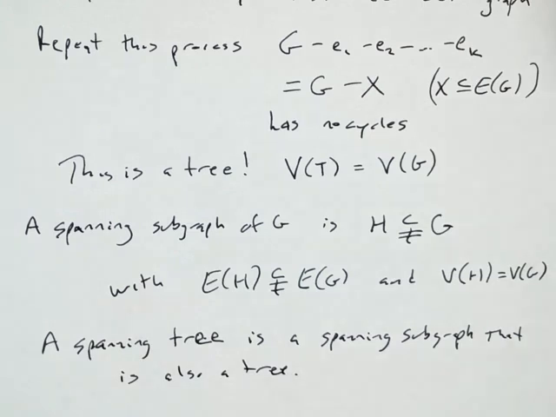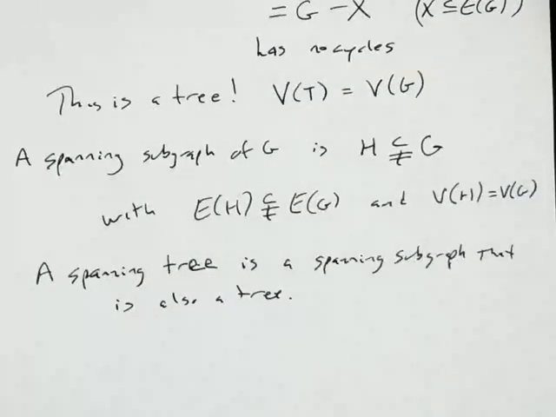Now there's another way to build a spanning tree. Instead of thinking of taking edges away, we can think of putting edges in. So I could say, let's start with the empty version of G. Take away all the edges.